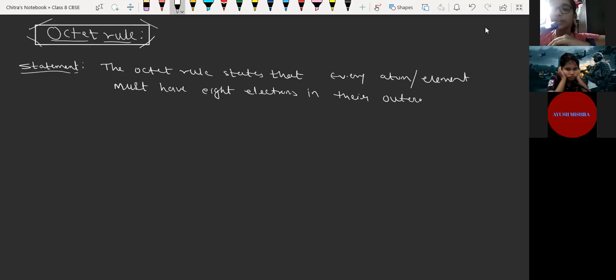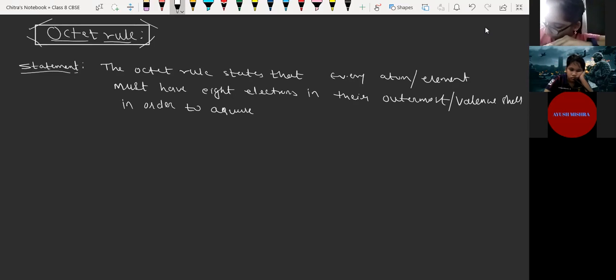The outermost shell is also called the valence shell, no, sir? Yes, it is also called the valence shell, in order to acquire stability. This is the statement of the octet rule.